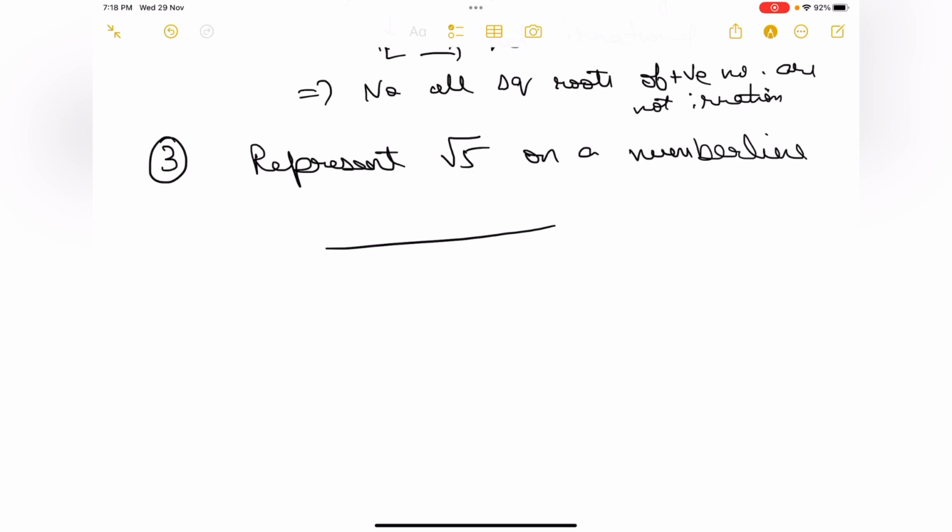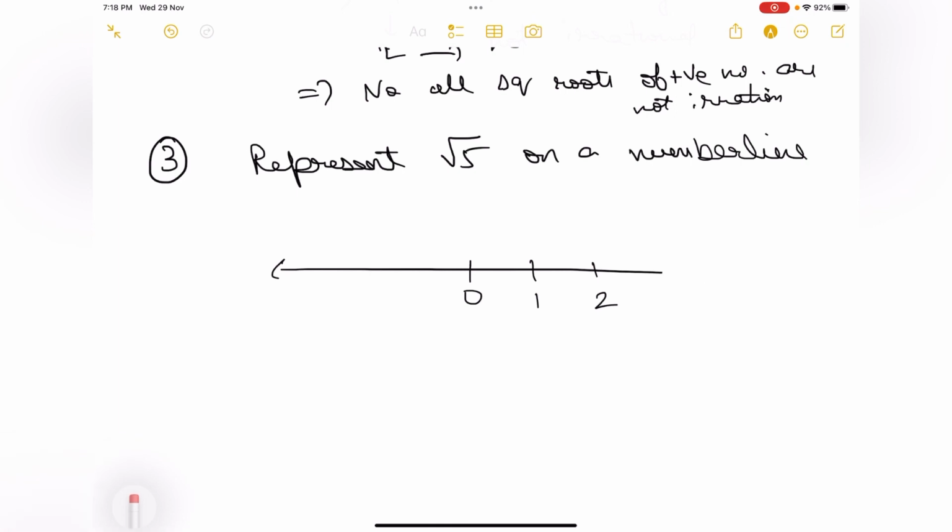Let us take the number line like this. You have 0, 1, 2. Okay, let's keep it a little bit longer. 3, 4 and 5. Where would you place this particular number? Root 4 is basically 2, right?